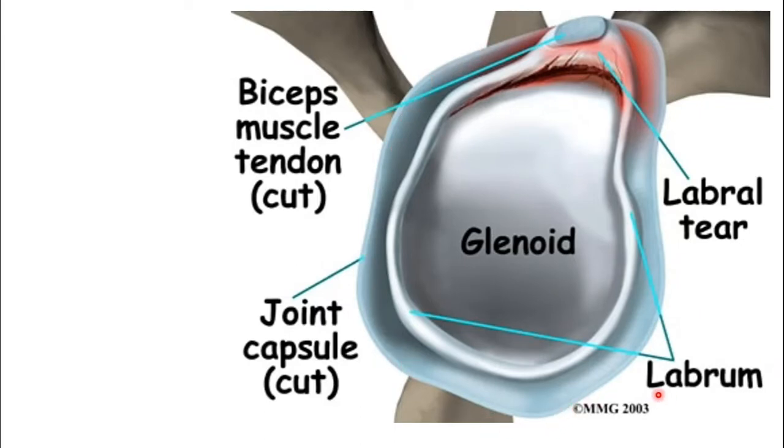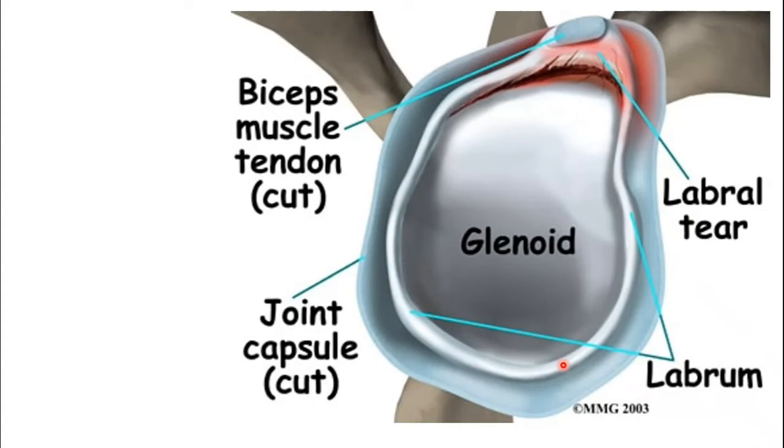Now what should you remember? The glenoidal labrum is made up of fibrous cartilage. It is not a hyaline or an elastic cartilage, and it is attached only at the margin to deepen the cavity of this glenoid cavity, because the head of the humerus is larger than this cavity.